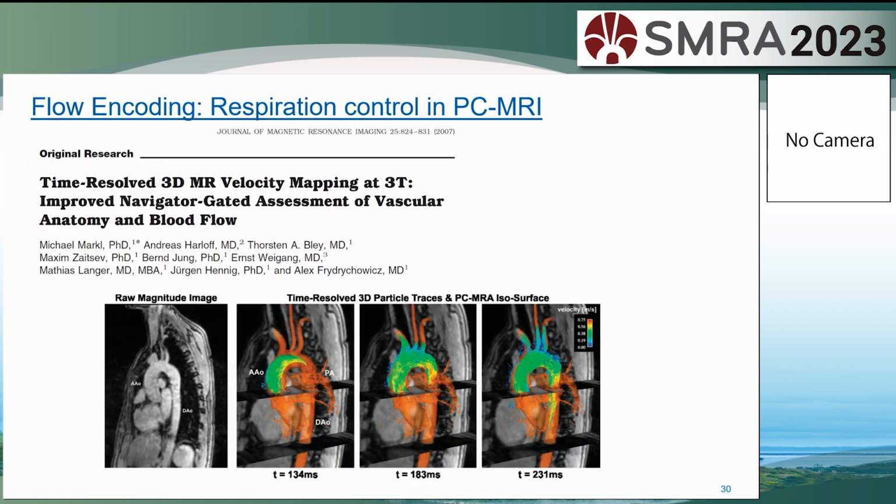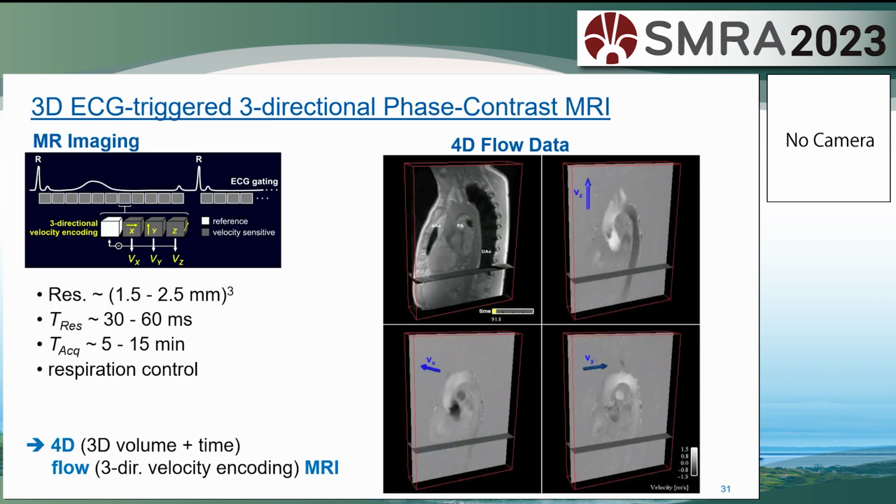And these were now the images after applying this. So they dramatically improved from this 2D slice that you saw earlier to a now 3D time-resolved depiction and streamlined visualization. So this is the magnitude and the 3 phase contrast MRI images of a nowadays 4D flow acquisition acquired with respiration control and with 5 to 15 minutes.